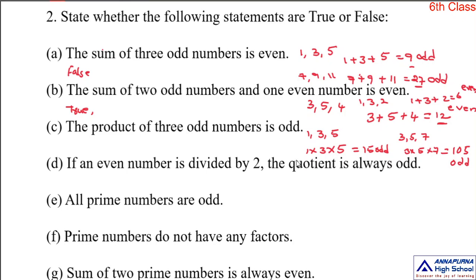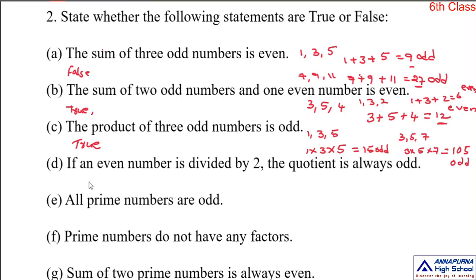We take any three odd numbers and multiply them. The result is always an odd number. That's why the statement is a true statement. The product of any three odd numbers is always an odd number.